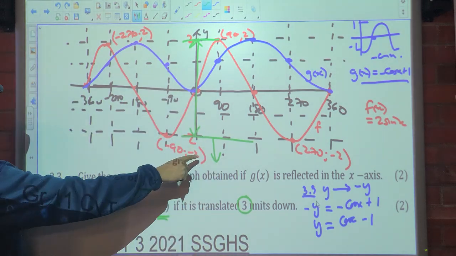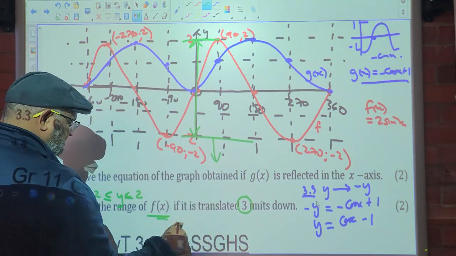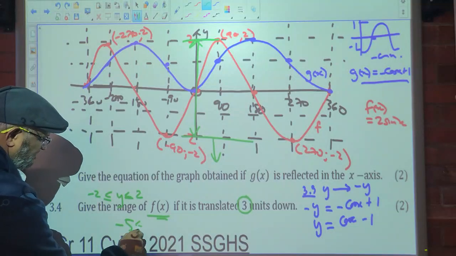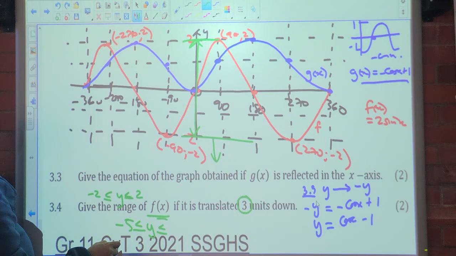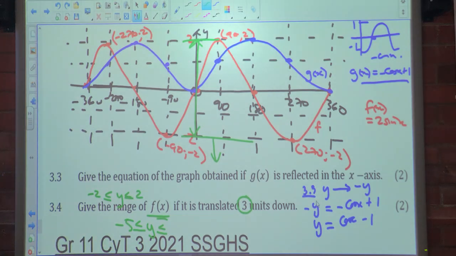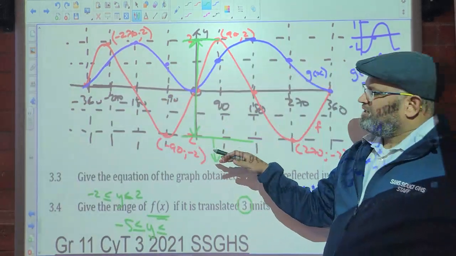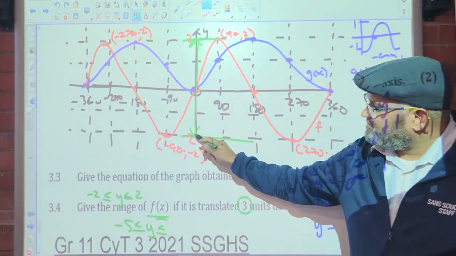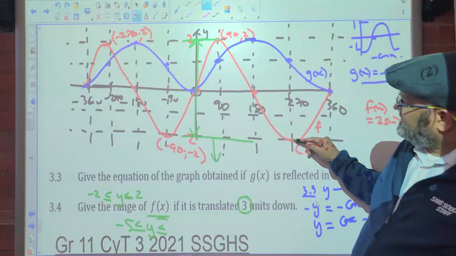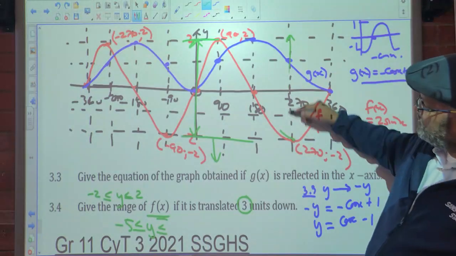In that case, negative 2 is going to go to negative 5. So doesn't the range stay 4 then? If you move the graph down, doesn't the range stay 4? No. The range is the possible y values that exist for this graph. So the y values exist from minus 2 till 2.